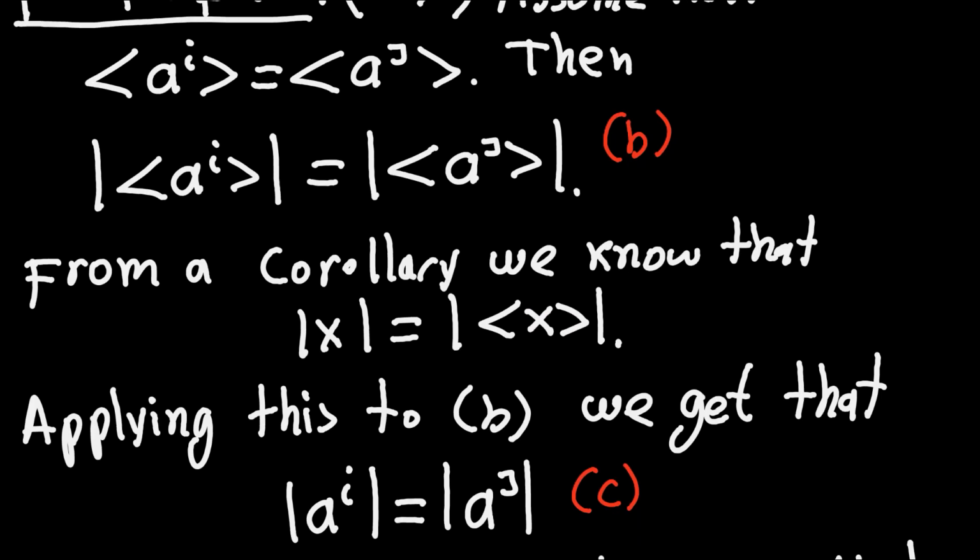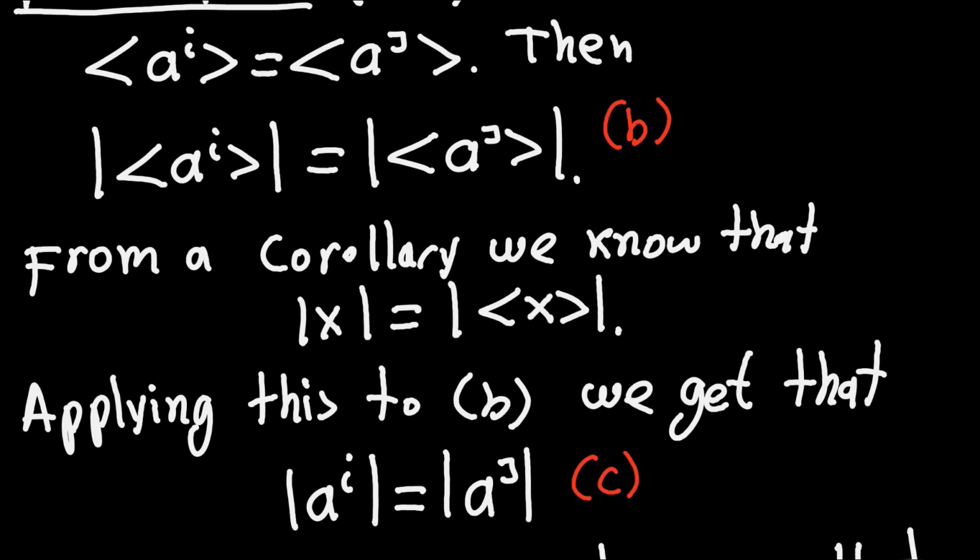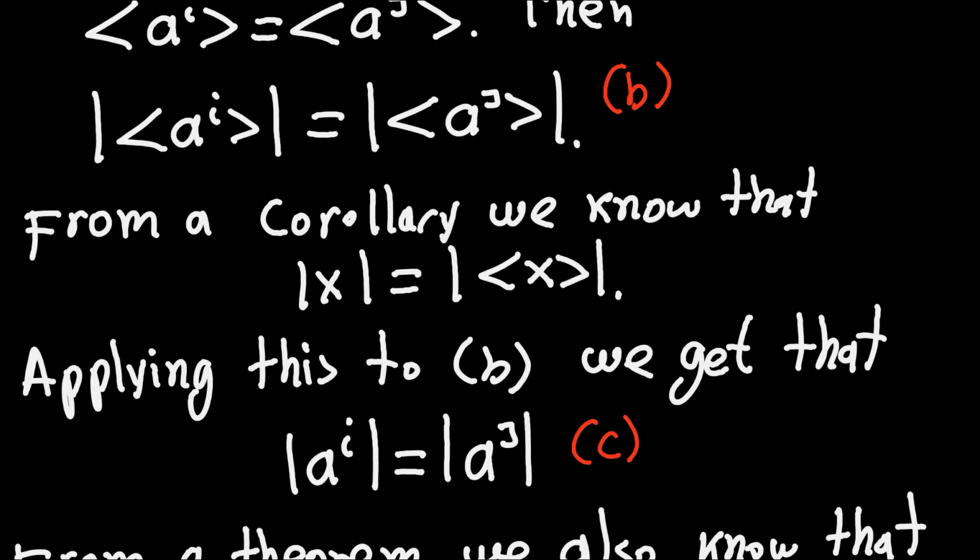So we're going to use that in B. Applying this to B, we get that the number of elements of this set is equal to the order of a to the i. Exactly the same for this one: the number of elements of this set is equal to the order of a to the j. So that's the conclusion we get here. Let's label this one C.